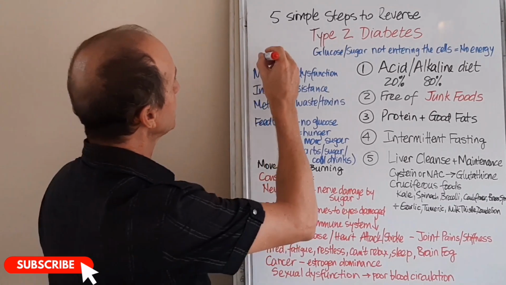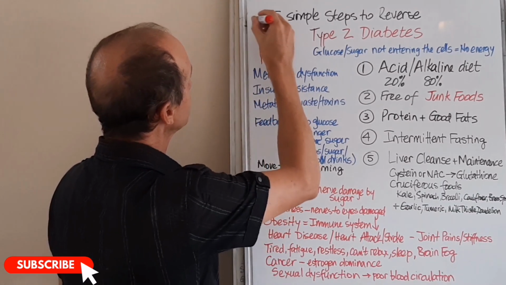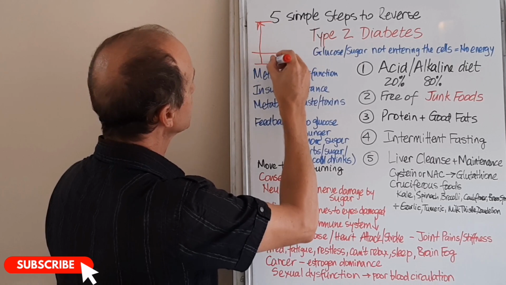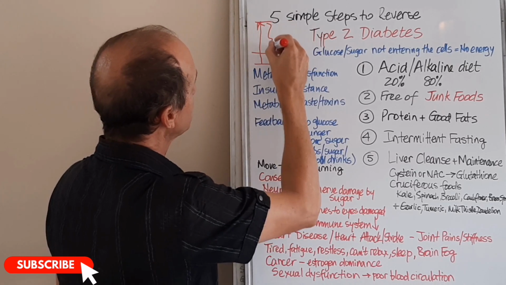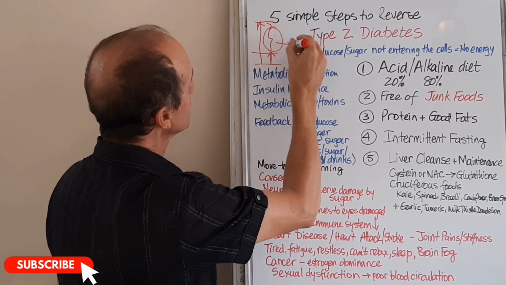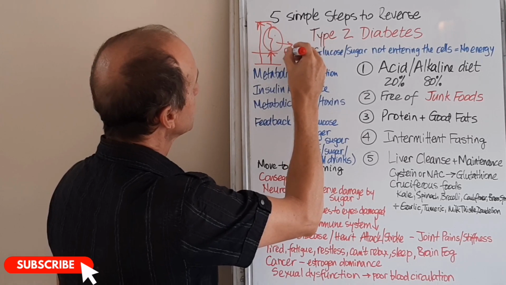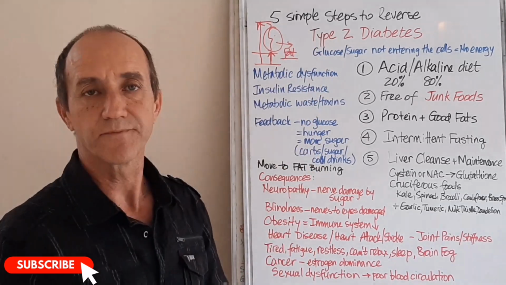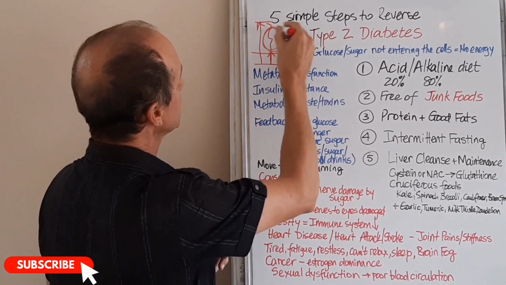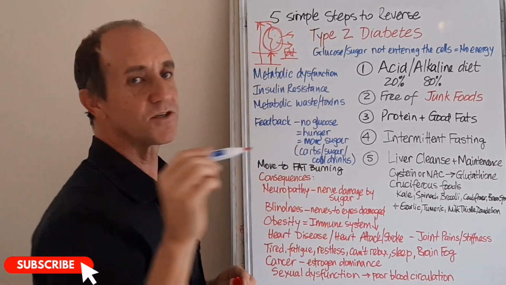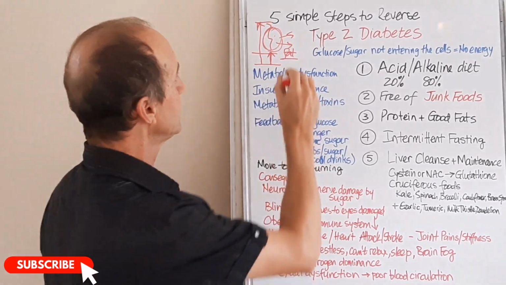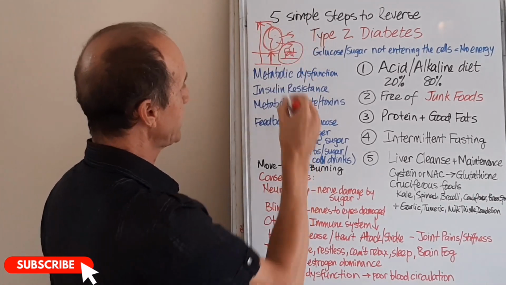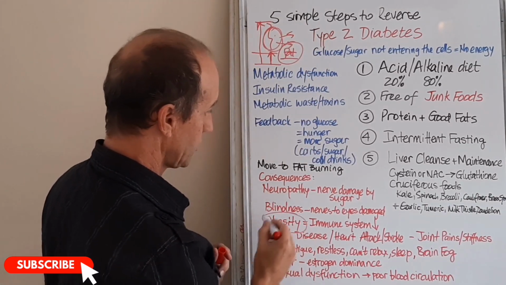If your sugar level goes up to this level here, and your body only needs this amount of sugar for energy, what happens to this sugar? This sugar now becomes fat, and that's how you start getting obesity. Because there's too much sugar and it has to be removed. If the insulin can't put the sugar inside the cells, it will take the sugar and turn it into fat, and you're going to get obesity.